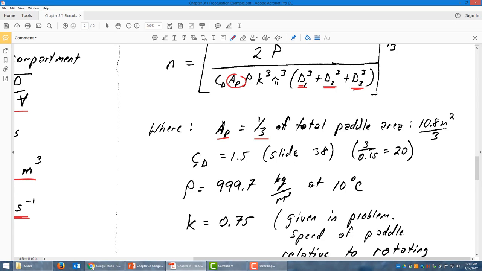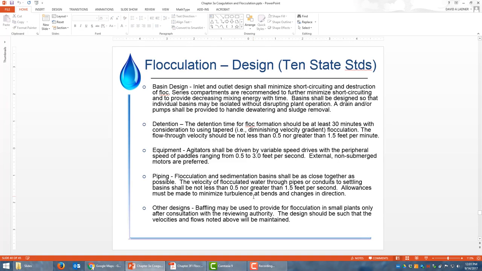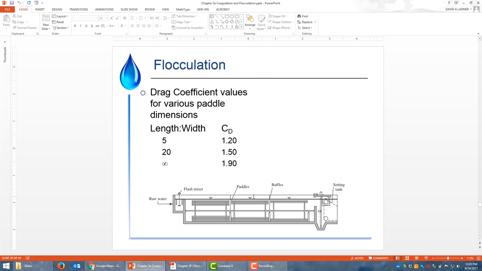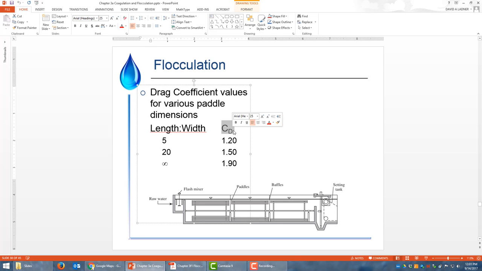CD is the coefficient of drag. Now I know a lot of you haven't had fluids yet, so we're jumping a little bit ahead in your education, but if we go back to this slide, it simply tells us that this term that we call the drag coefficient depends on the length to width ratio.